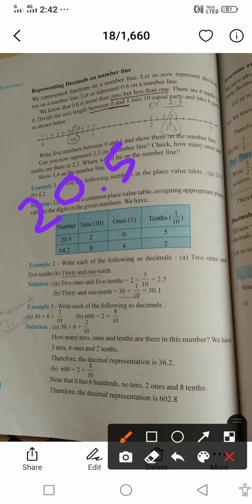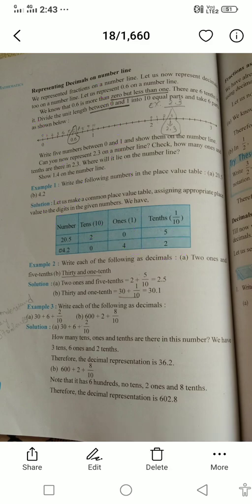First we have to write the number here, 20.5, but we have already mentioned in our mind that this is tens, this is ones and this is tenths. So as per that we have to make the table: tens, ones and tenths. In the tens place there is 2, in the ones place there is 0, and in the tenths place there is 5. Okay, so we have to write like this.